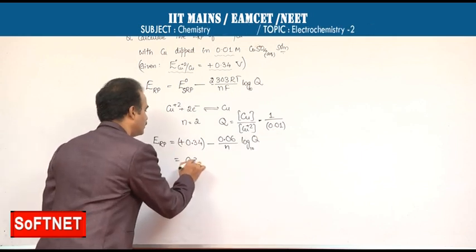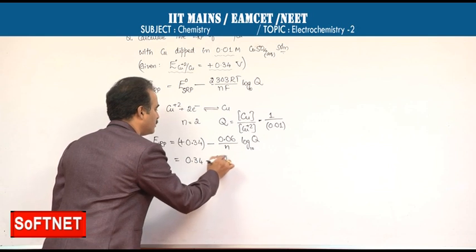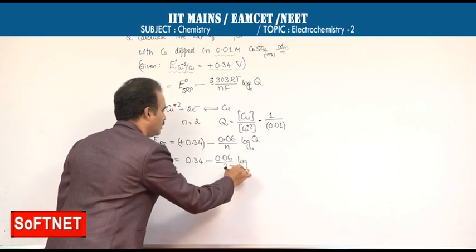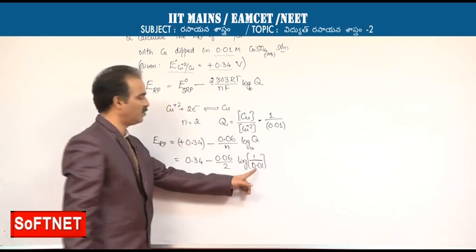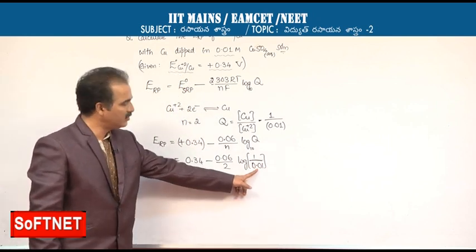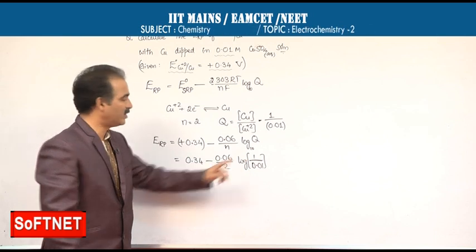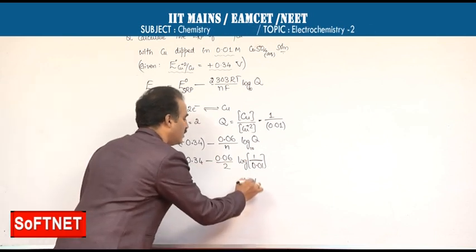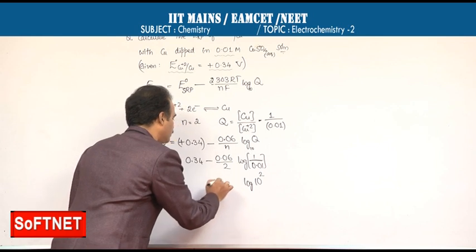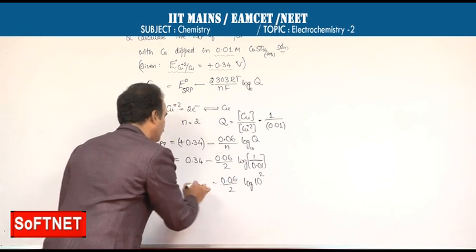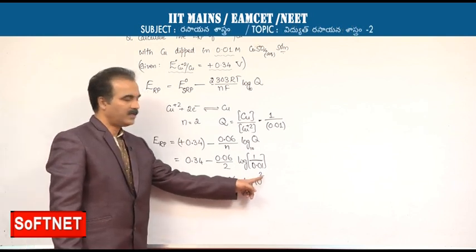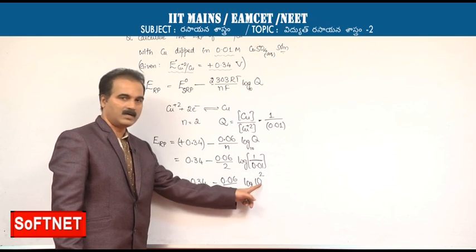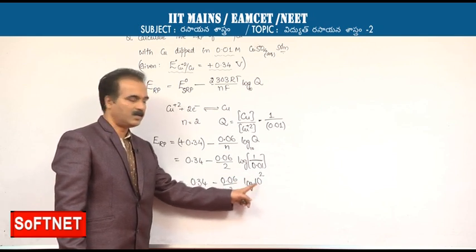So, we write it as 0.34 minus 0.06 by 2 into log Q. Log Q is 1 by 0.01. This 0.01 is 10 power minus 2, which coming to the numerator is 10 power 2. So, this value will be log 10 power 2, minus 0.06 by 2, and 0.34 will be as it is. And you know, log 10 square is nothing but 2 log 10, and log 10 is 1.